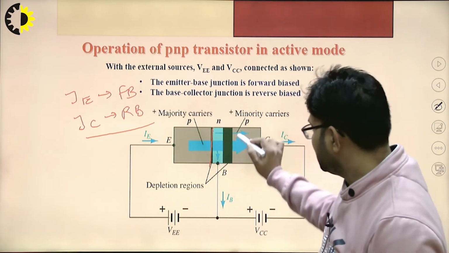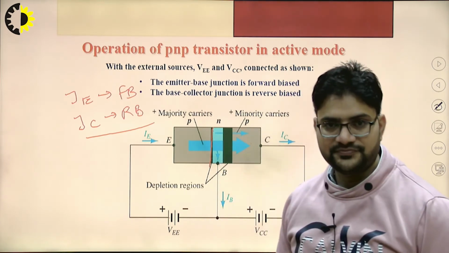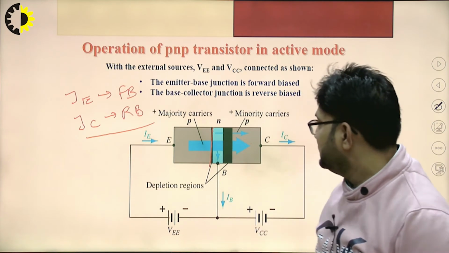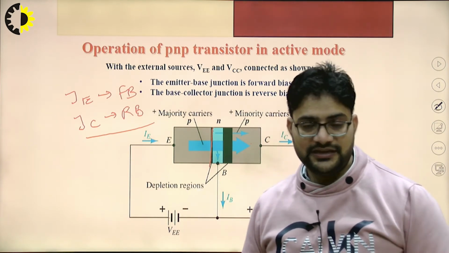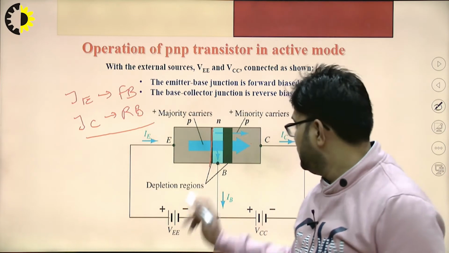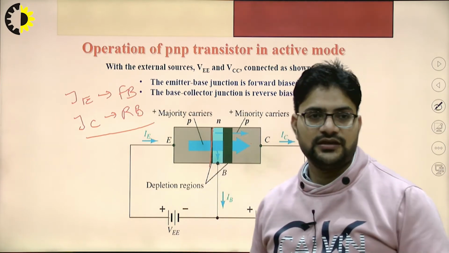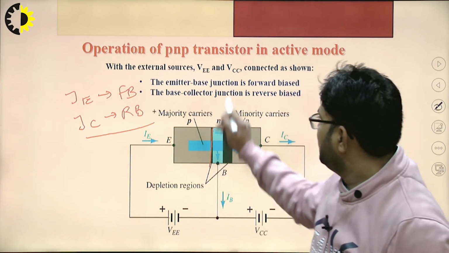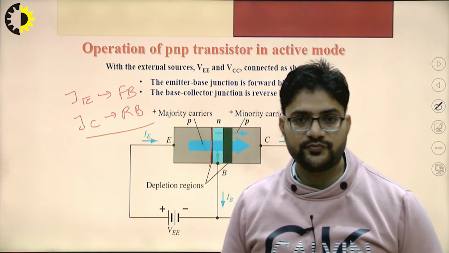So this junction is said to be reverse bias. Under this condition, this transistor is working in the active mode.